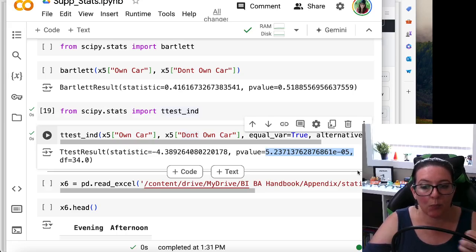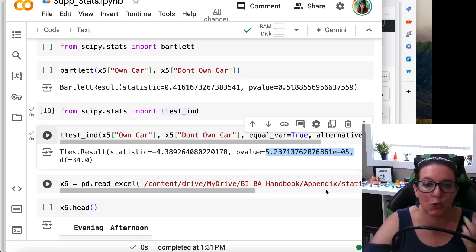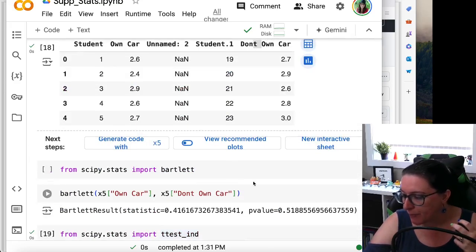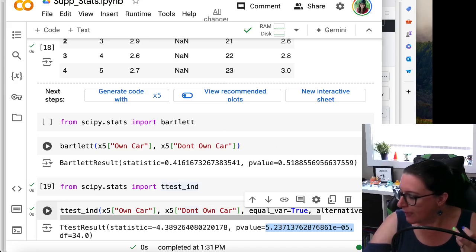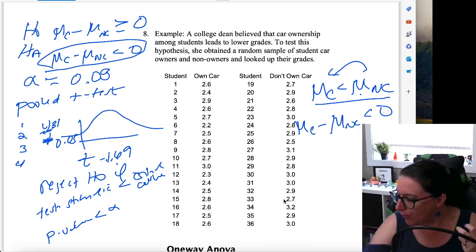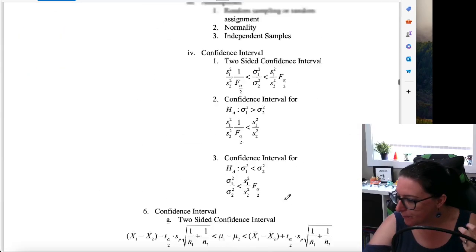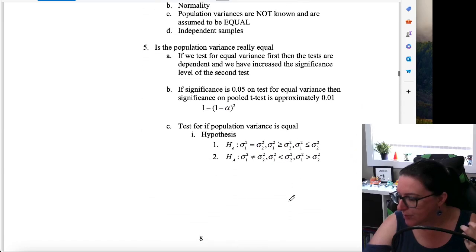Now, one of the things we said about the pooled t-test is that it assumes equal variability in the two samples. So the two lines of code I have right here are a test using the Bartlett test to see if there is equal variance. So we'll just go back to our notes for a second, where we had this short divergence.